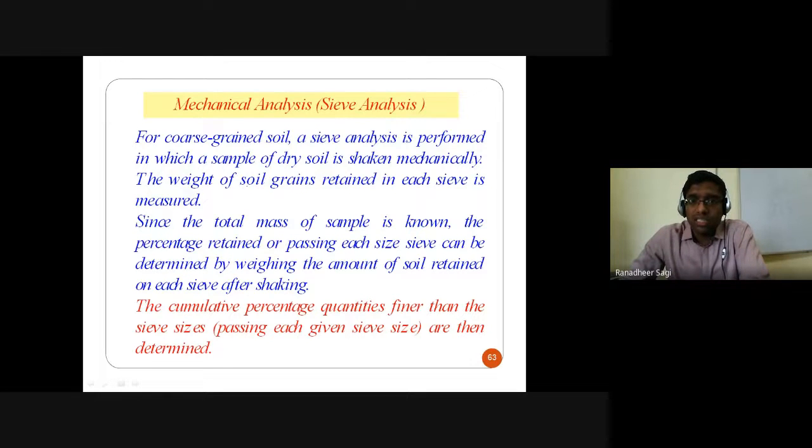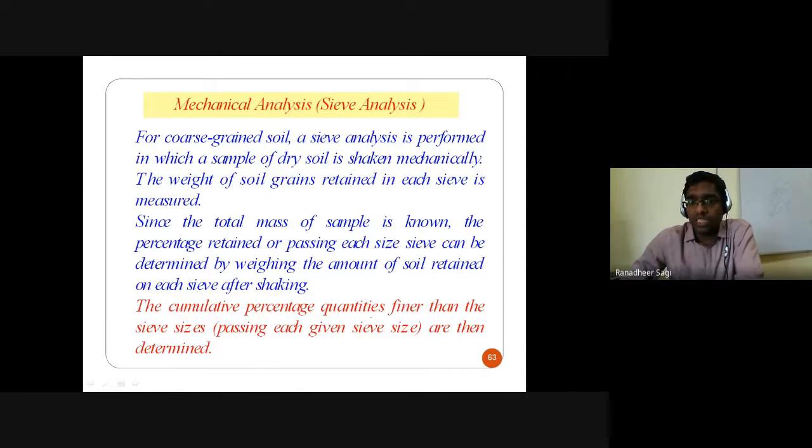Since the total mass of the soil sample is known, the percentage retained or passing through each sieve can be calculated. Either the percentage retained on that sieve or the percentage passing through each sieve can be determined by weighing the amount of soil which is retained on each sieve after the shaking process is completed.